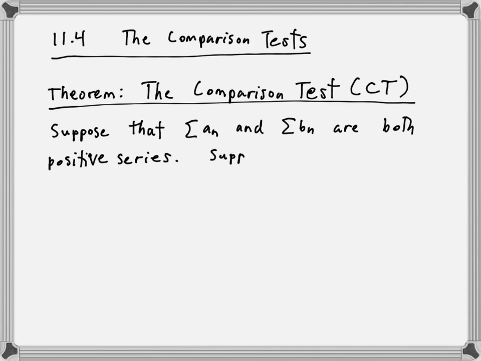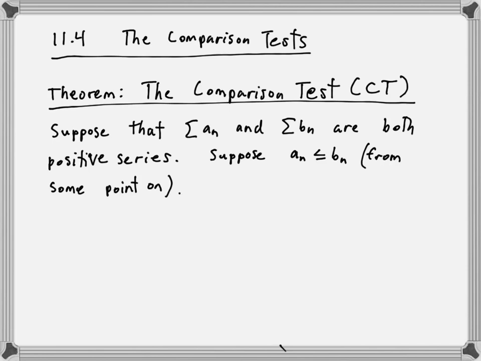Suppose that a_n is less than or equal to b_n from some point on. What we're saying is it doesn't have to be smaller the entire time, but from some point on, maybe from the fifth term on or something like that.